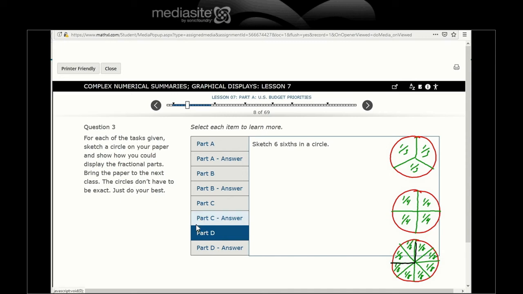And sixths. The easiest way to do six would be to start with thirds again, and then cut those thirds in half, because if you split a third in half, you get a sixth.